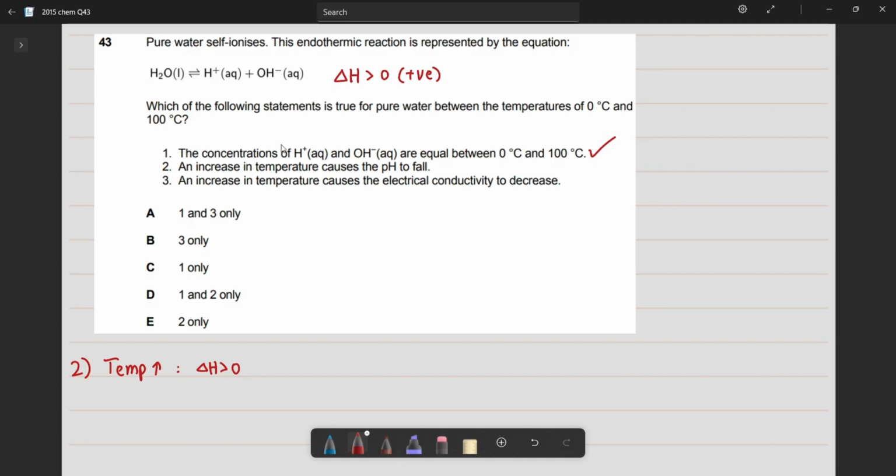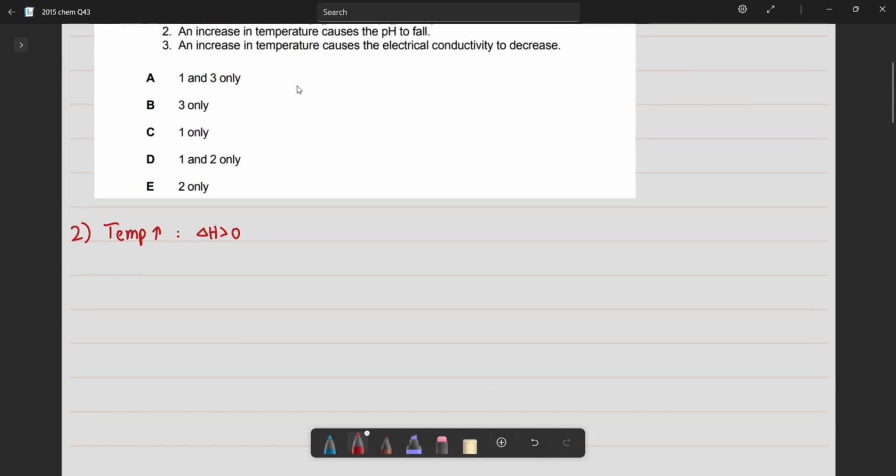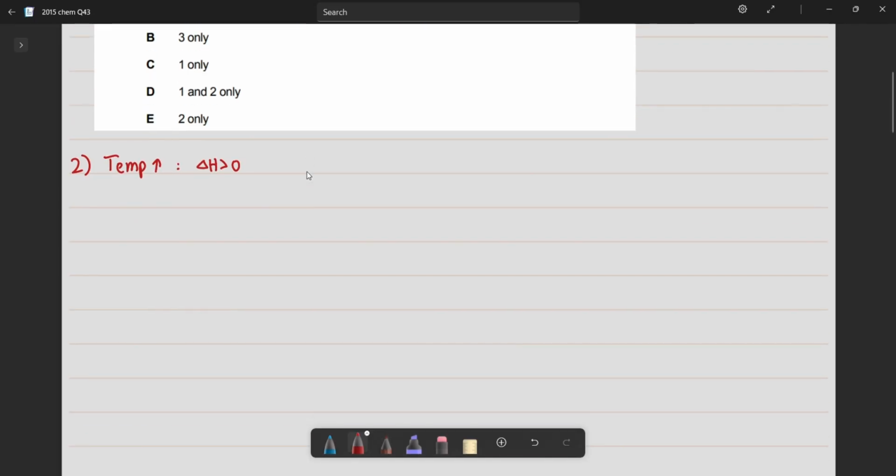The other most important thing is that this increases the ionization, so more H plus and OH minus are produced, because the moles of H plus and OH minus are produced the same, but the pH that we know is dependent on the concentration of the hydrogen.